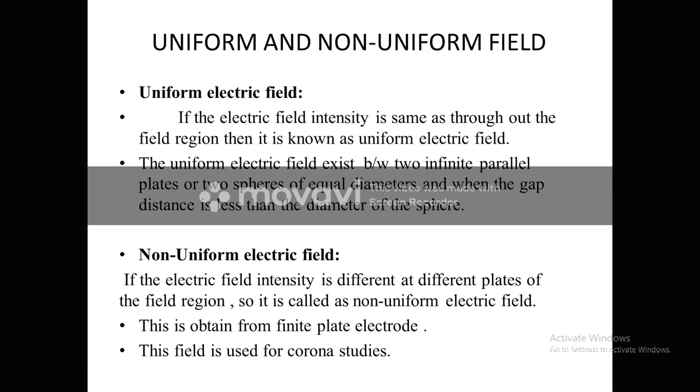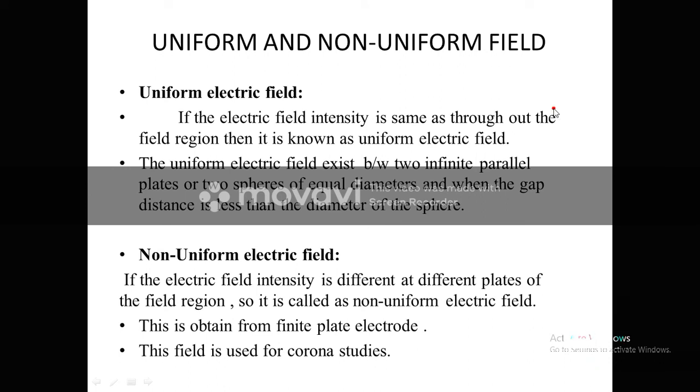Now the uniform and non-uniform electric field. If the electric field intensity is the same throughout the field region, then it is known as a uniform electric field. The uniform electric field exists between two infinite parallel plates, or two spheres of equal diameter when the gap distance is less than the diameter of the sphere.